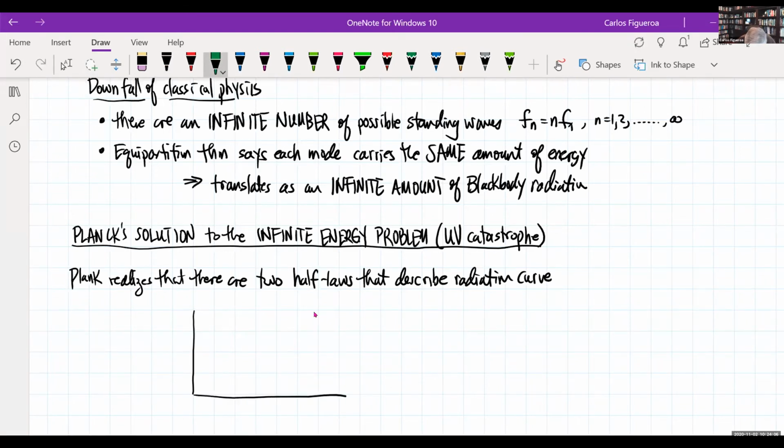When he looks at this curve, he says, well, the Rayleigh-Jeans law does really, really good at low frequencies.